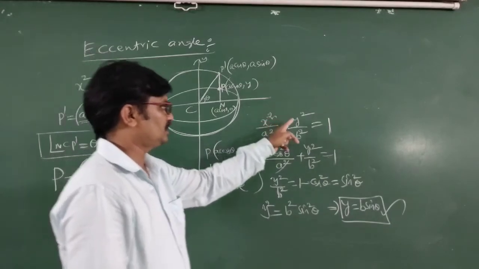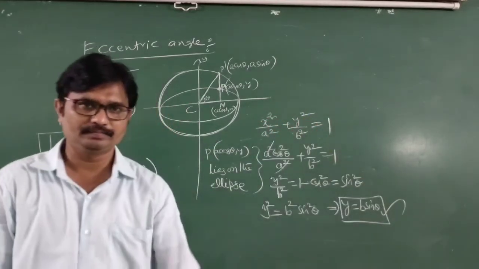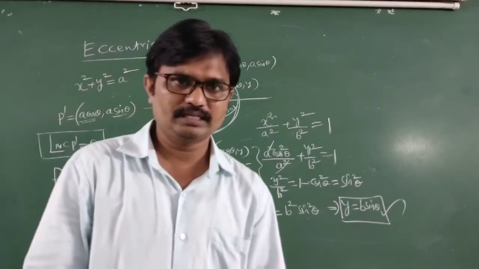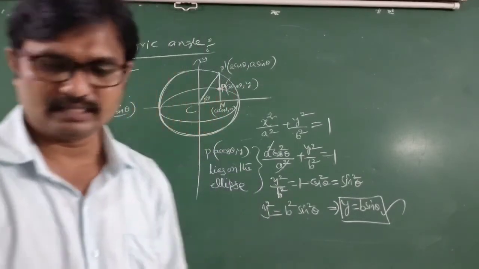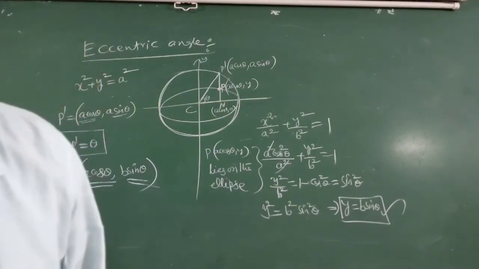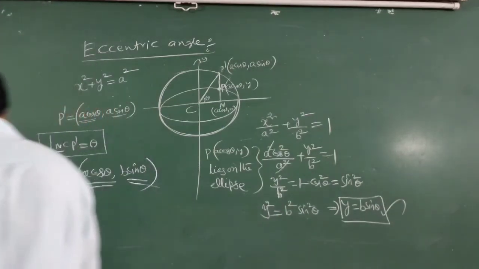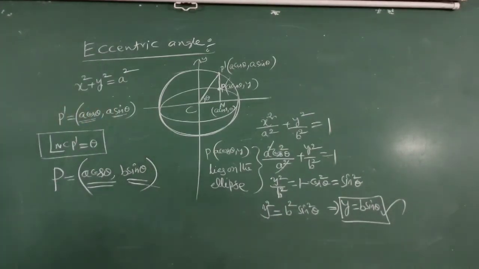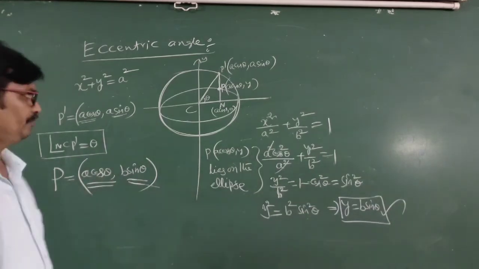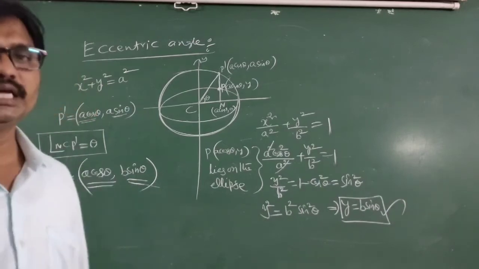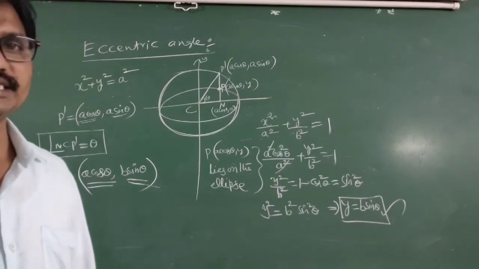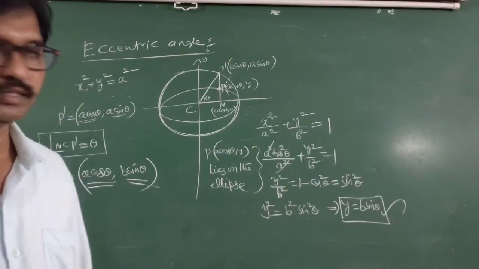Cos square theta plus sin square theta equal to 1. Is it clear? Where theta is the eccentric angle, a cos theta, b sin theta is called the parametric point of the ellipse.